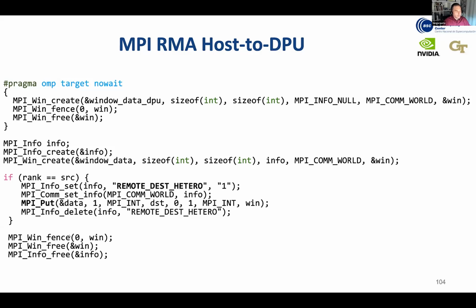Then we barrier the ranks again, and when it's done, this fence waits, and the processes in the DPU are waiting here, and in the host are here. Then the window is deallocated and the MPI info object is also deallocated.